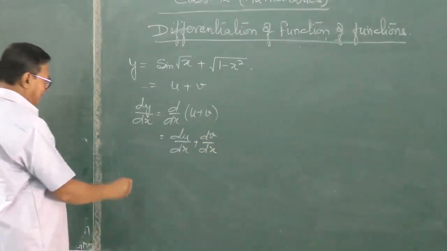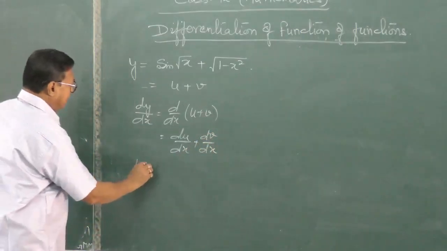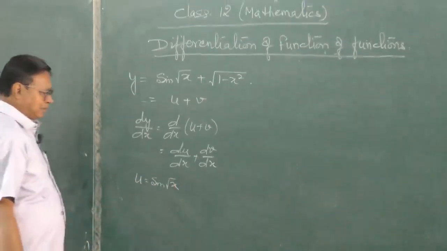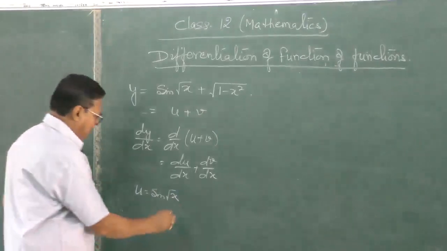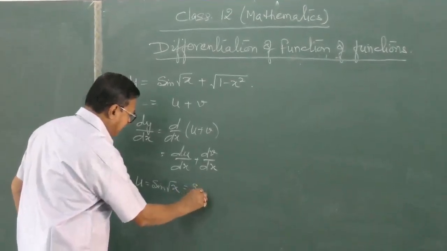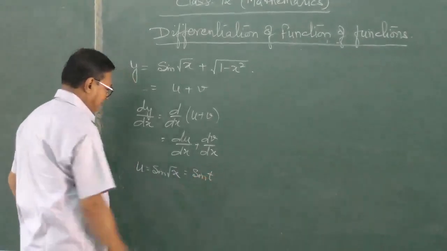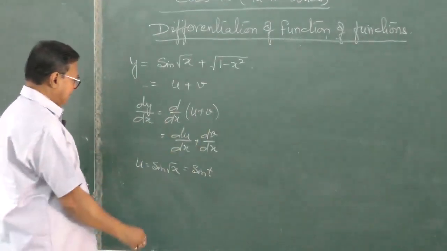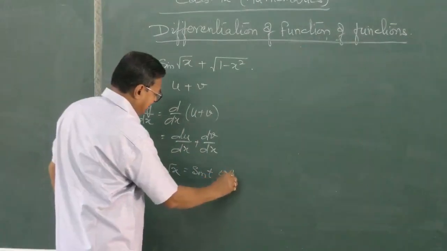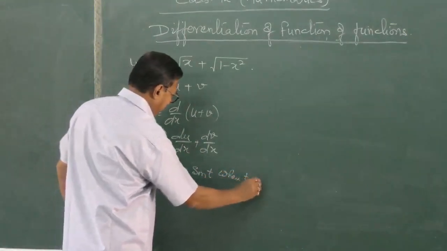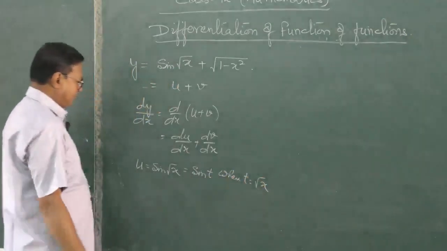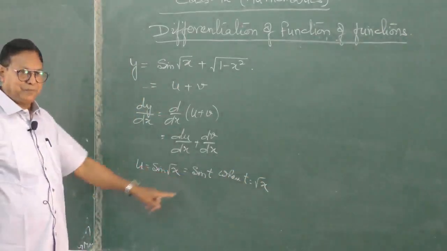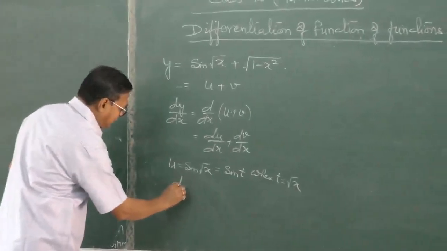So to get, u is equal to sine root x. Now this is not a direct function, it's function of a function. So I write it as sine t. V I cannot write because I have taken v. So write it as sine t, where t is root over x. So now look at this. U is a function of t.